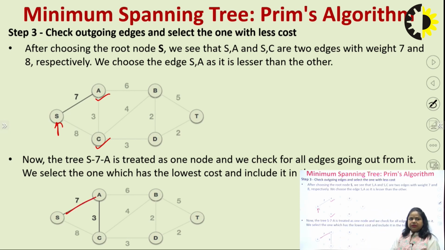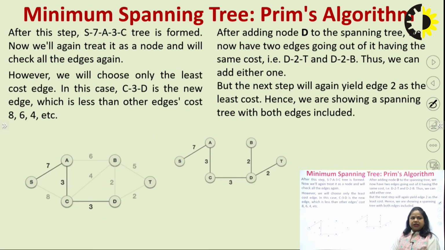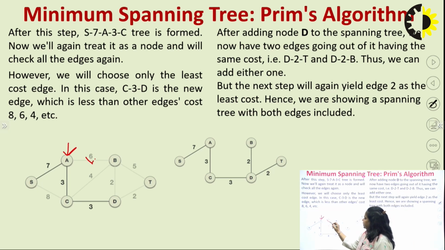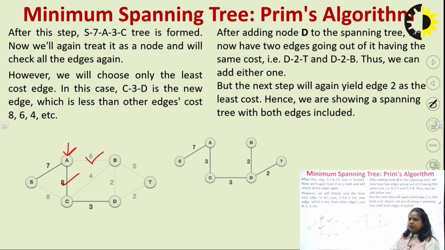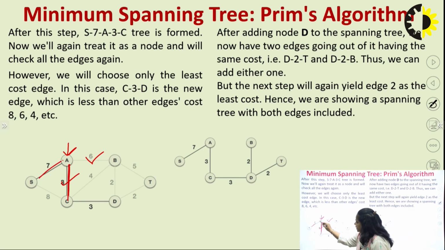Then we move to the next node, that is A. Standing on A, we again repeat the step and choose the minimum edge. Out of the options, A to C has weight 3, which is the minimum, so we consider this as the next edge.